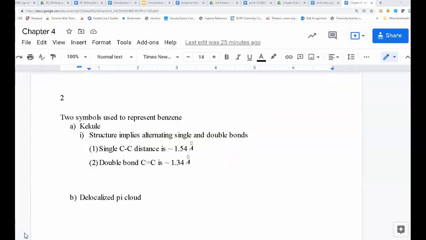Okay, so we have two really acceptable symbols to represent benzene. One of them represents the way that Kekulé wrote it, which is he drew it like this, and it is accepted today as the representation of benzene. But we understand now that we don't just have alternating single and double bonds, as this structure implies. Instead, what we actually have is a delocalized pi cloud.